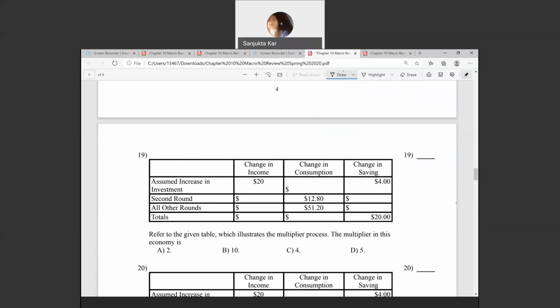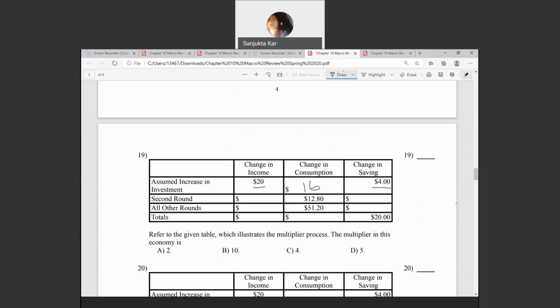Question number 19, they're asking us to find the value of the multiplier. In the first round, the change in income is 20, change in savings is 4, change in consumption is 16.